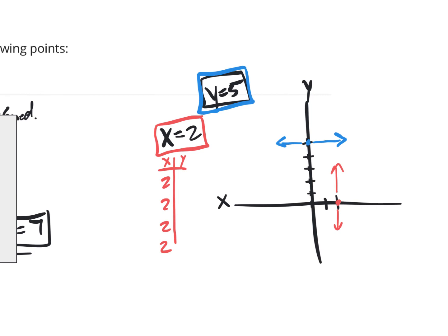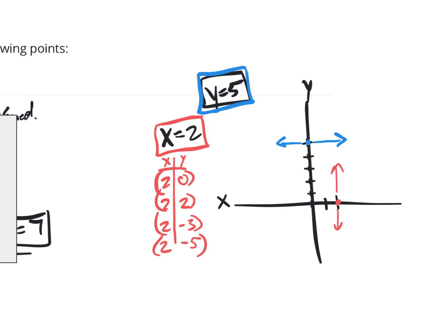And what about on the y side? Well, there are no y's, so y could be whatever you want, right? So y could be, let's say, 0, could be 2, could be negative 3, could be negative 5, I don't know, whatever you want. And all of these coordinates will line up to be this vertical line.